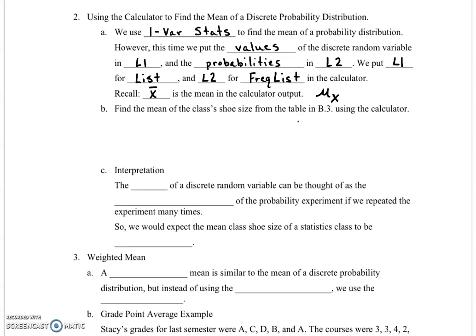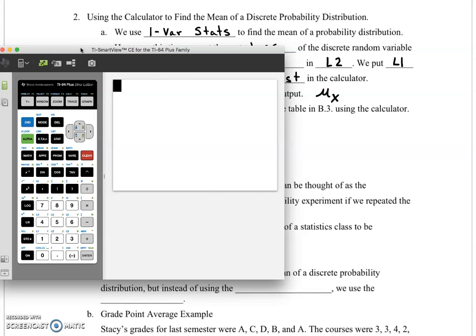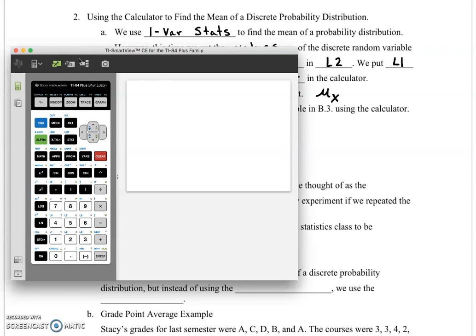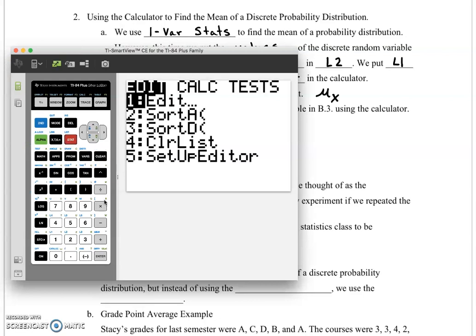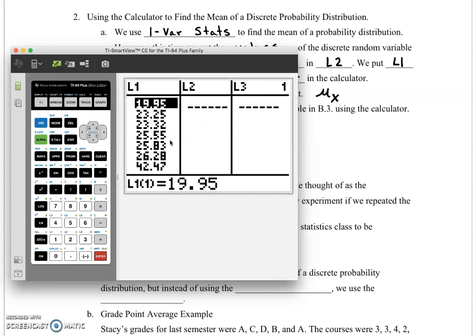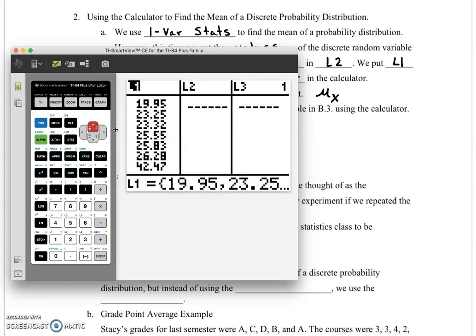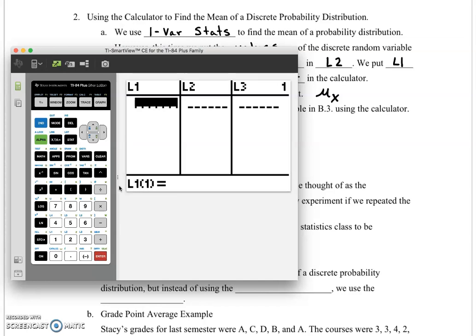So let's find the mean using the calculator. I am going to pause while I enter the numbers, but just so you remember how to get there, you hit stat, and we want to edit, so we hit enter, and now we have our lists. Remember, if you need to clear something, you highlight the list name, hit clear, and hit enter, and then that whole list is cleared out and you can start entering data. So I'm going to pause while I do that so you don't have to watch it.